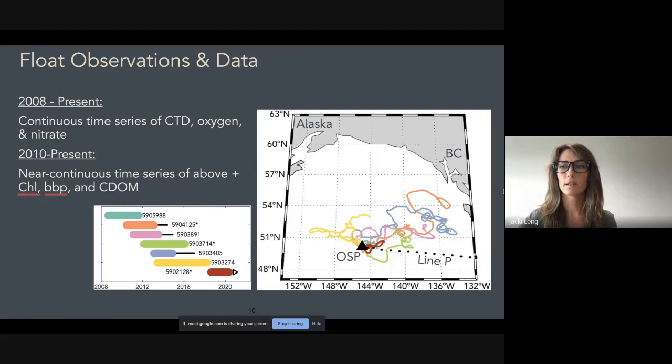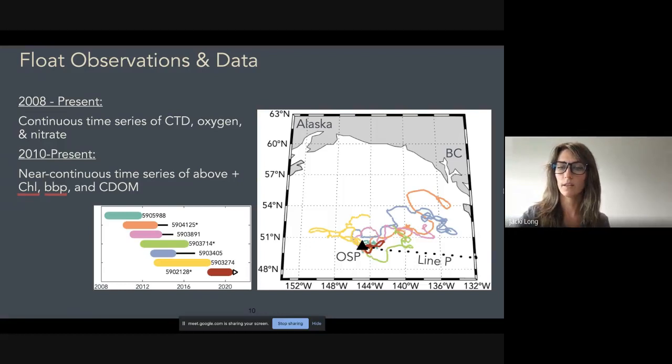And then for reference, the triangle shows the location of Ocean Station Papa, where a NOAA mooring has been operating continuously since 2007, and the dots indicate the station locations for the Canadian Line P cruises, which are conducted 3 times per year, giving us an amazing long-term record of discrete observations, such as high-performance liquid chromatography samples, which we used in order to adjust our fluorescence measurements from the floats to chlorophyll A measurements.